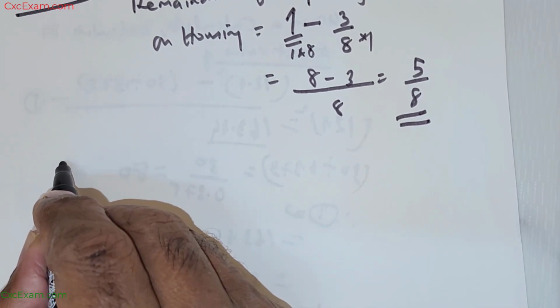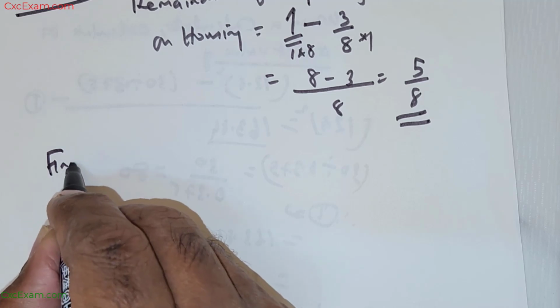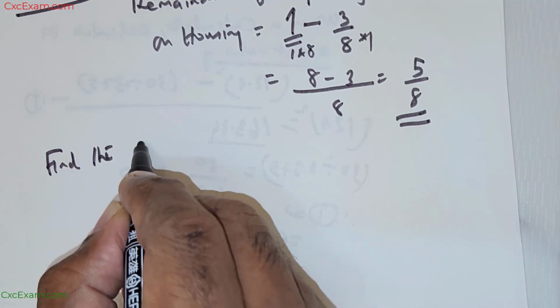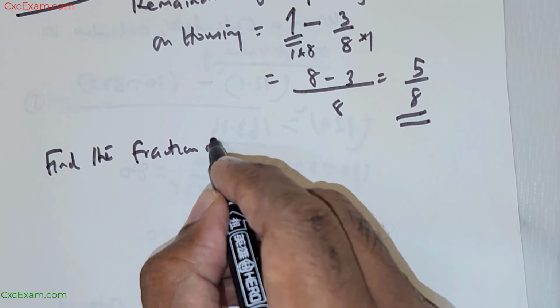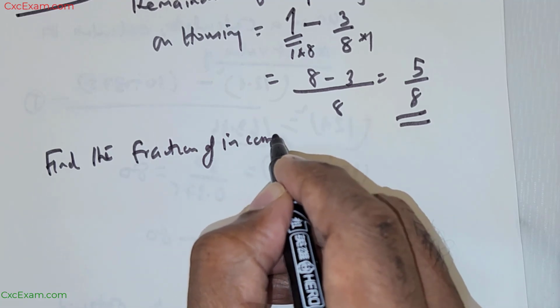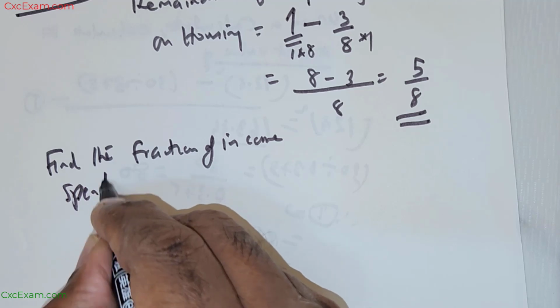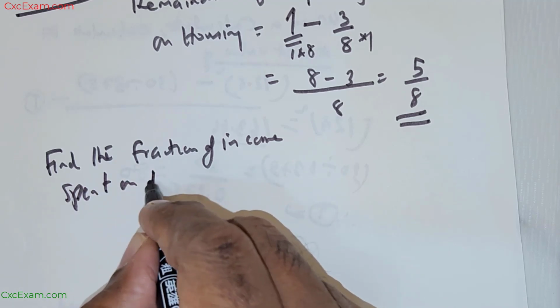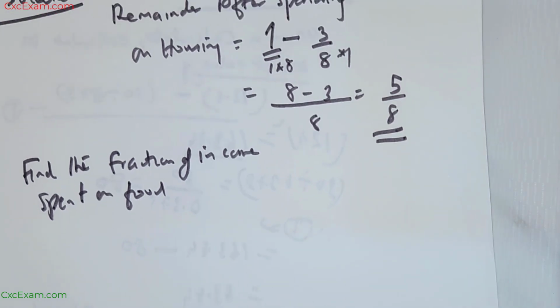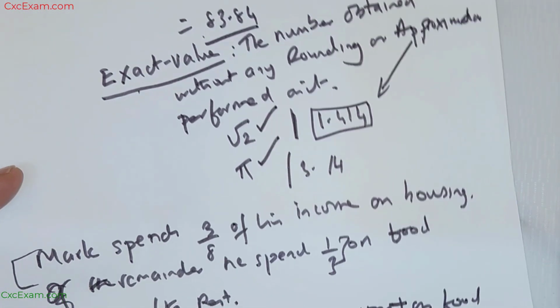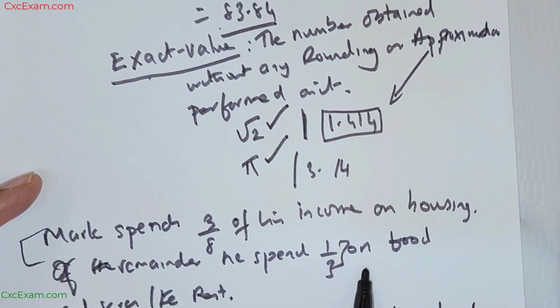Now they want us to find the fraction of income spent on food. Now it states that if you were to see the question, he spends 1/3 on food.